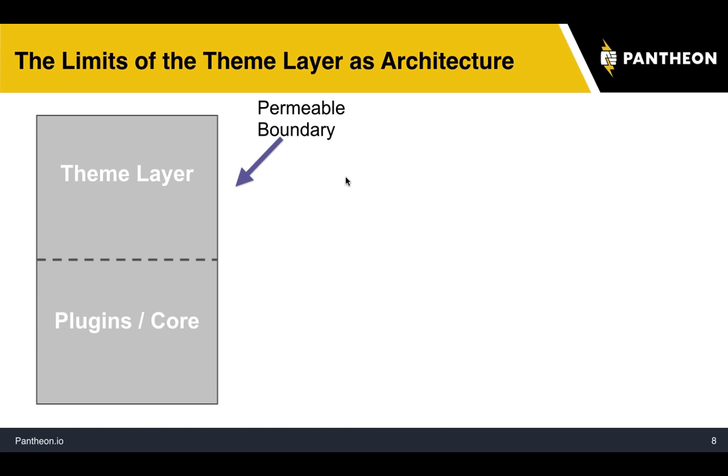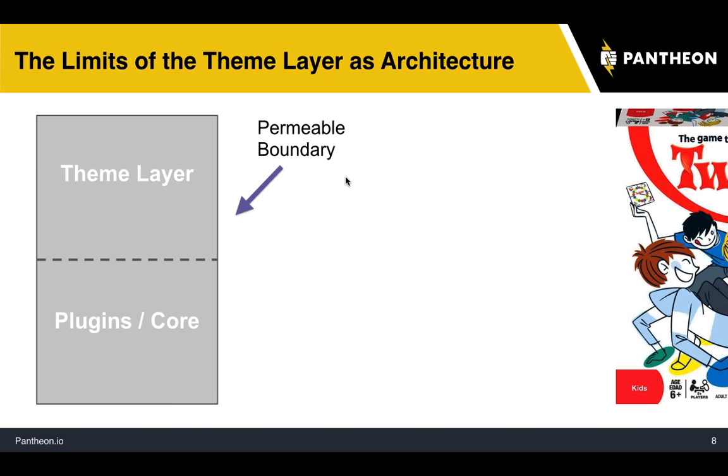And sometimes you actually even see this where people build a monolithic theme that's like, just install this theme, and it turns your website into a completely finished sort of product of one type or another. That's the theme layer just taking over everything. And the challenge, again, is because this is a permeable boundary, there's nothing that prevents the theme layer from doing anything at once within the application, especially if you inherit projects from someone else or you work on a large team and you're passing things back and forth.